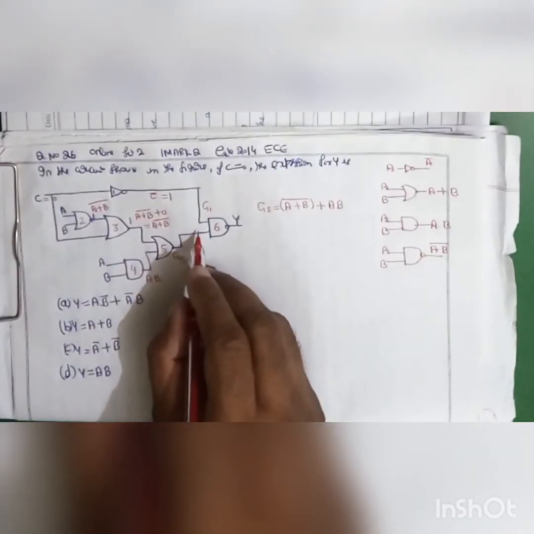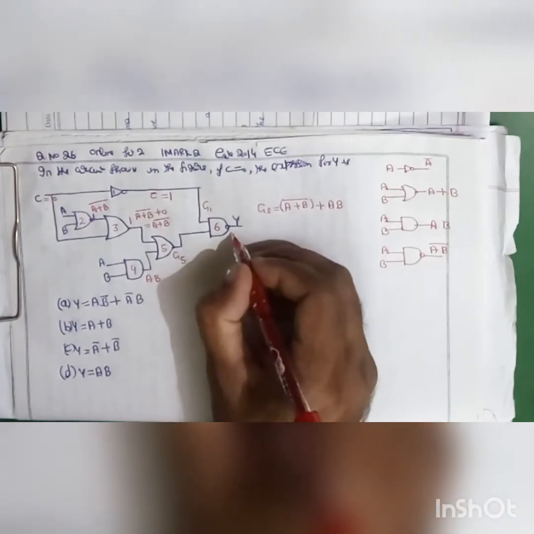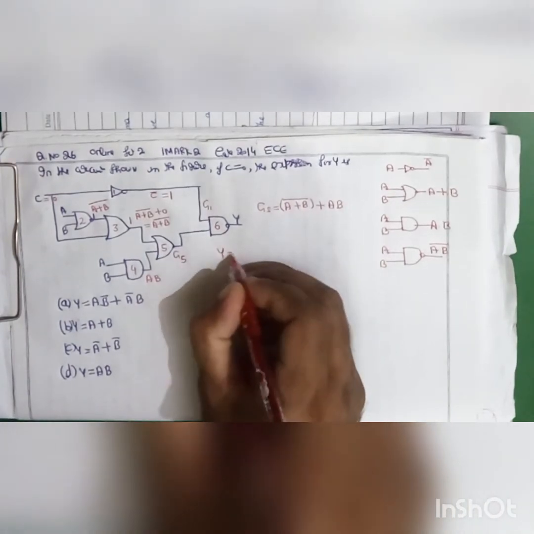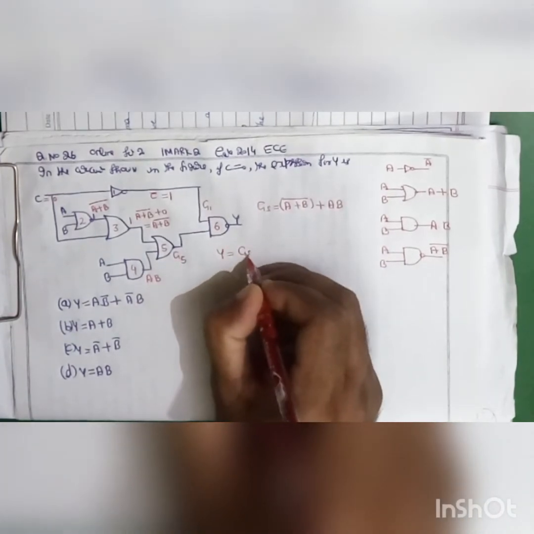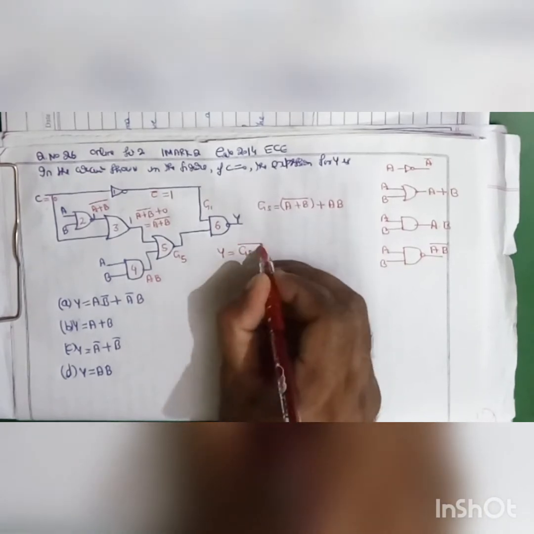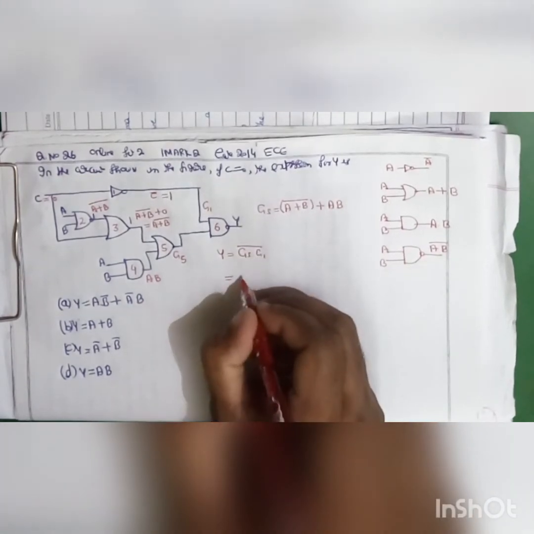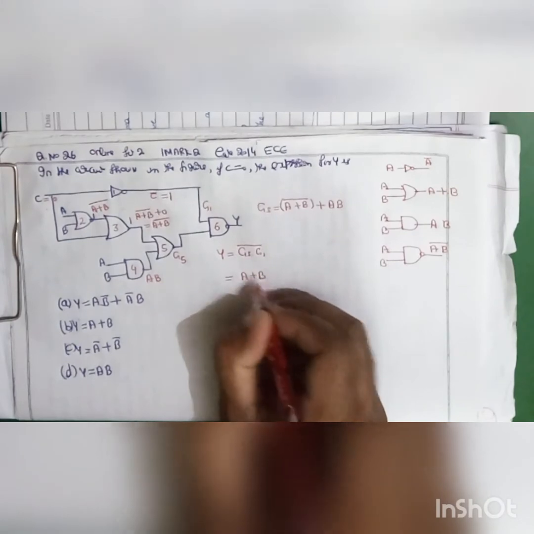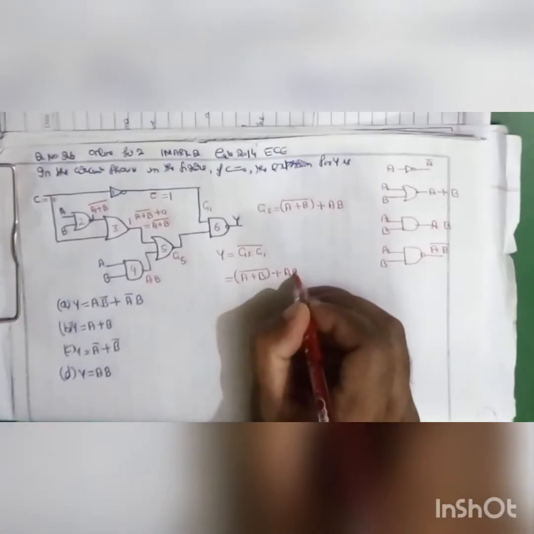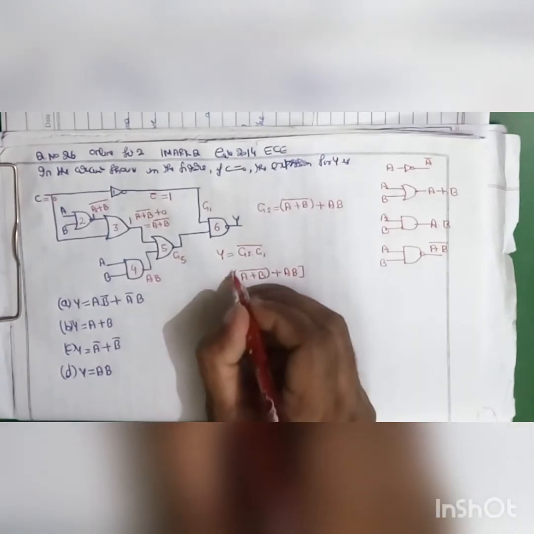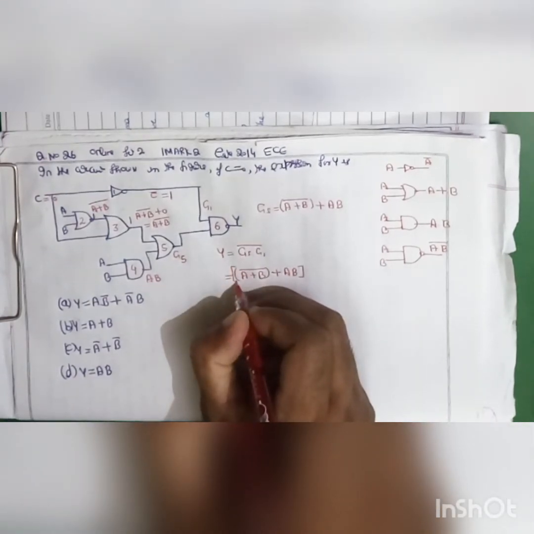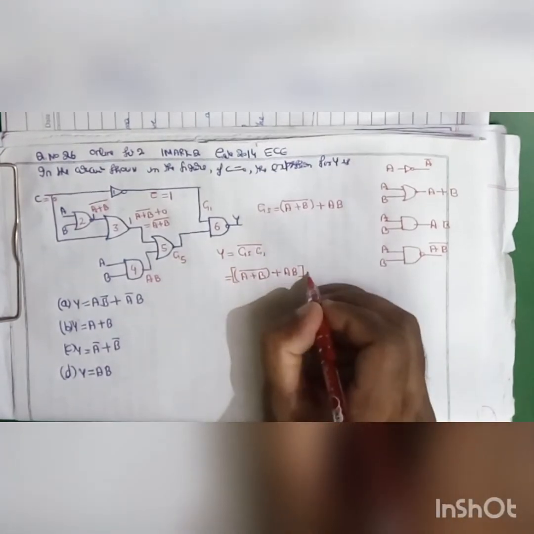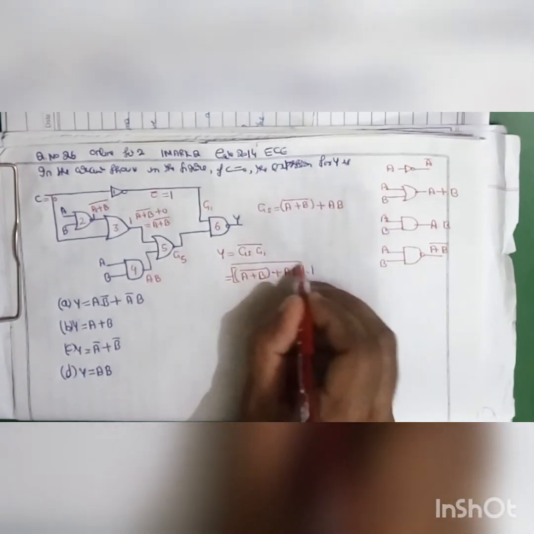As C is 0, C bar is 1, call it G1. So the output of gate 6 will be G5 or G1 whole bar, where G5 is A or B whole bar or AB, and G1 is 1.